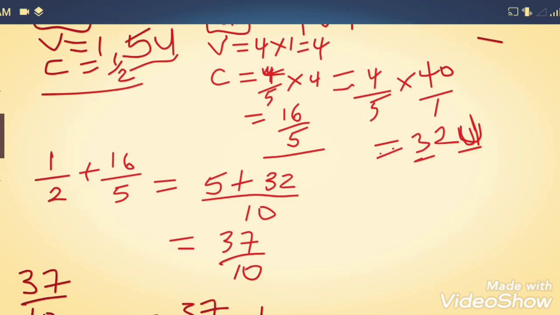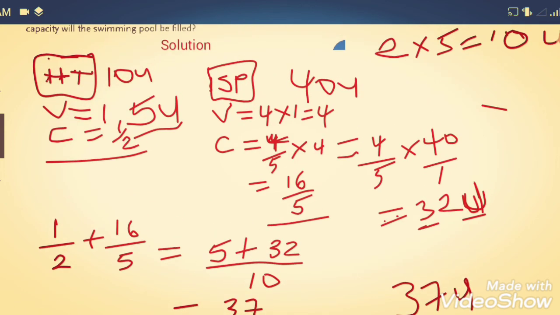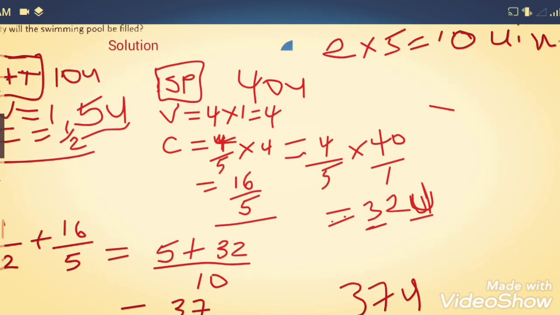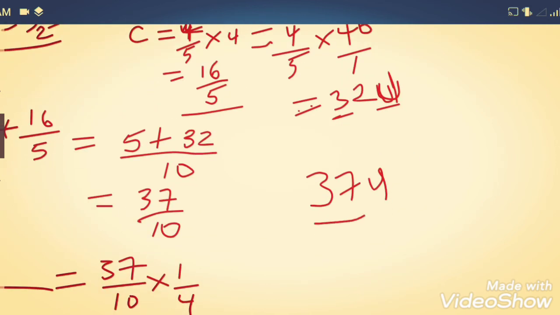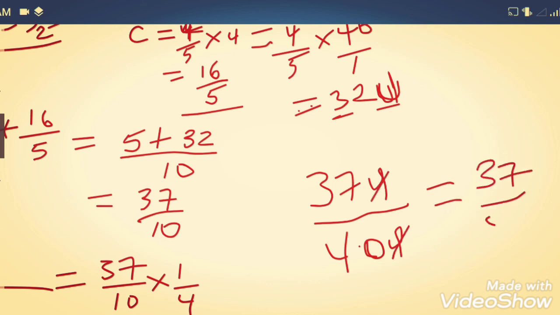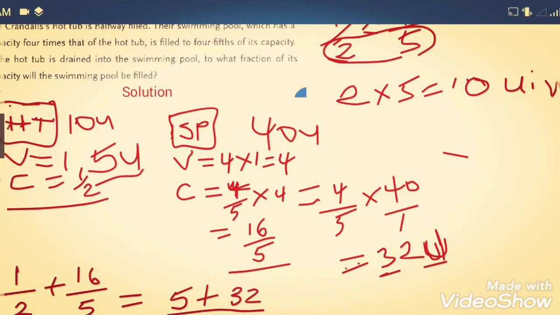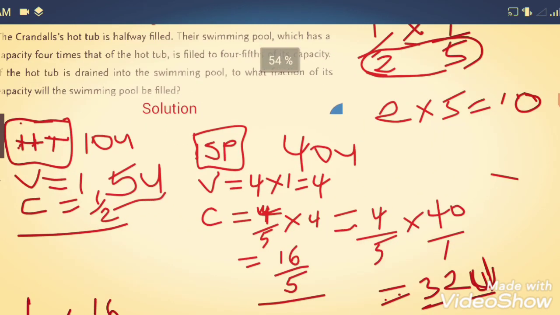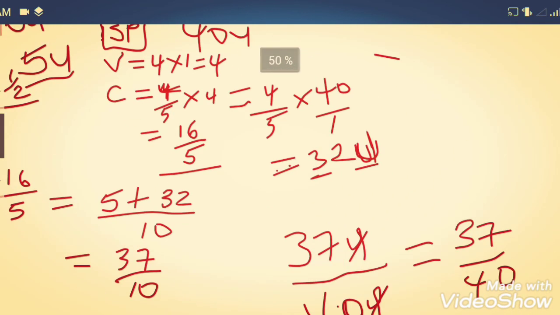That gives us 37 units. Then they said what fraction of it, so 37 units over 40 units. You will cancel the units, so we have 37 over 40. Okay, so you can see that the GRE method is a little faster and easier compared to the traditional method.